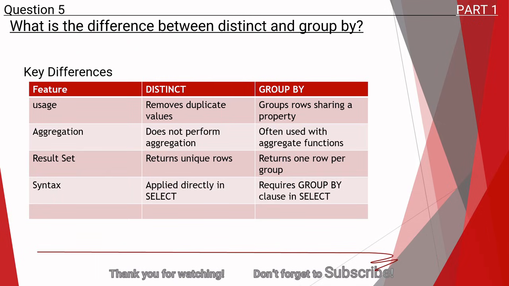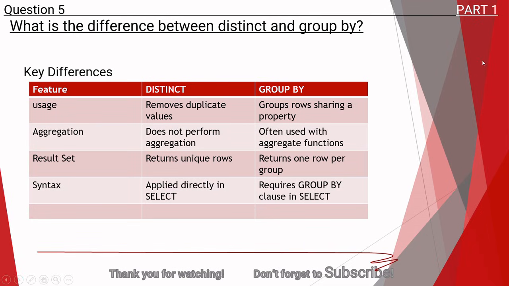Let us explore the key difference between distinct and group by. Distinct is used to remove duplicate values from the result set, ensuring that only unique rows are displayed. In contrast, group by is used to group rows that share a common property, often resulting in summary statistics.